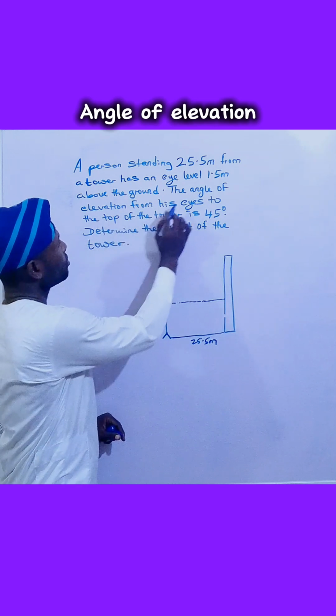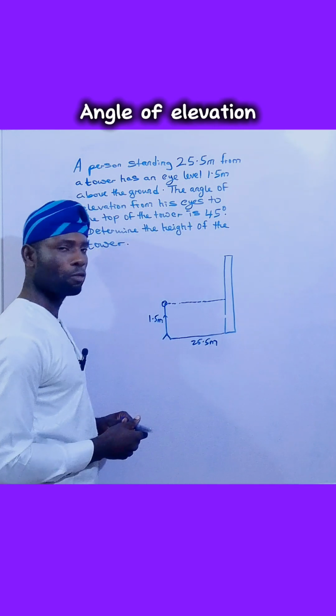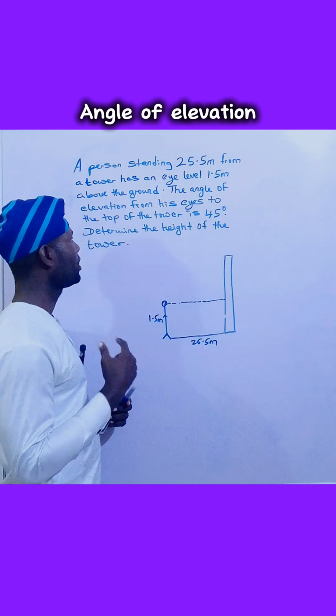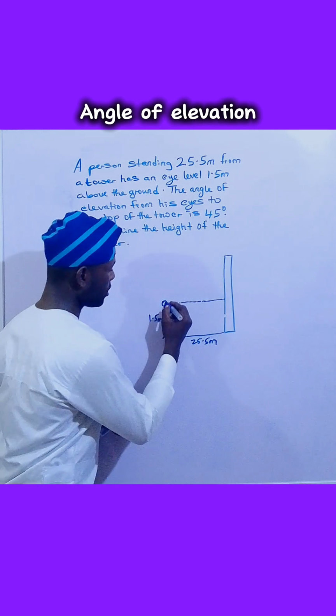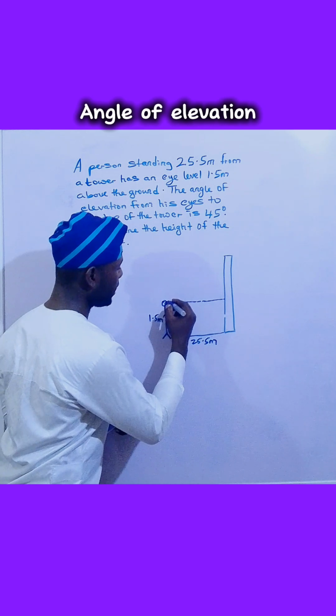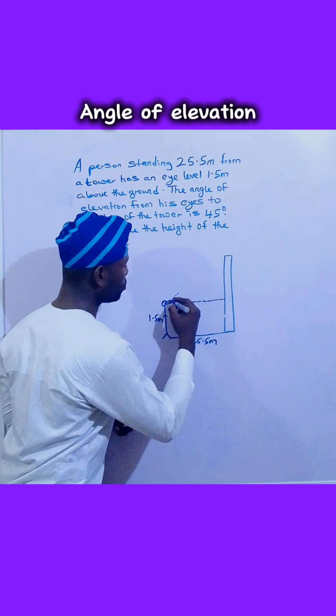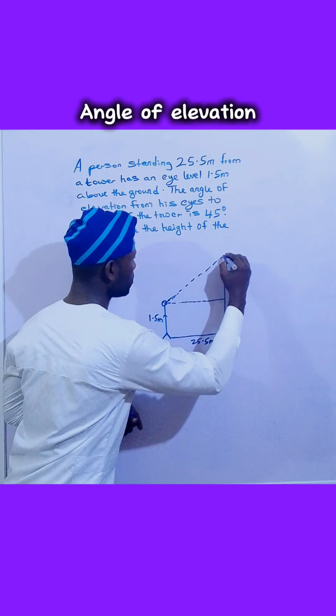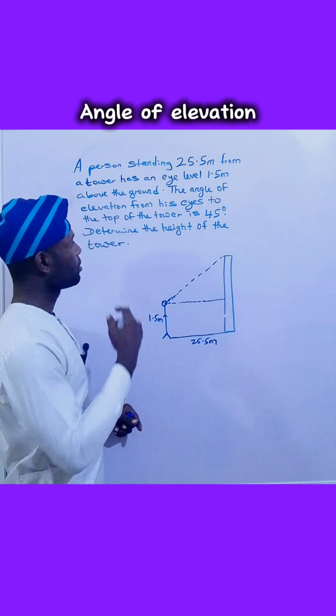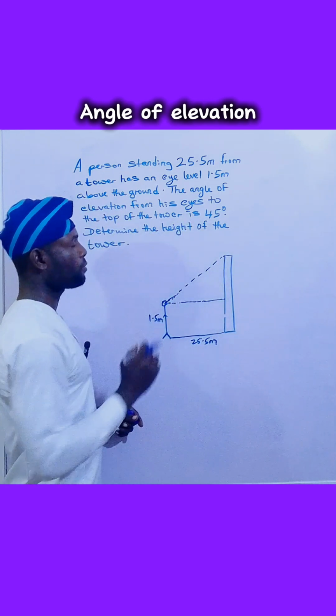The question continues. The angle of elevation from his eyes to the top of the tower is 45 degrees.